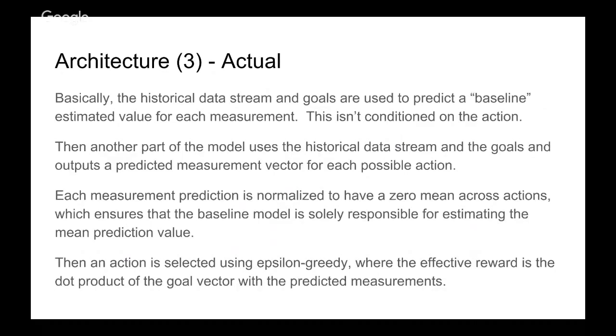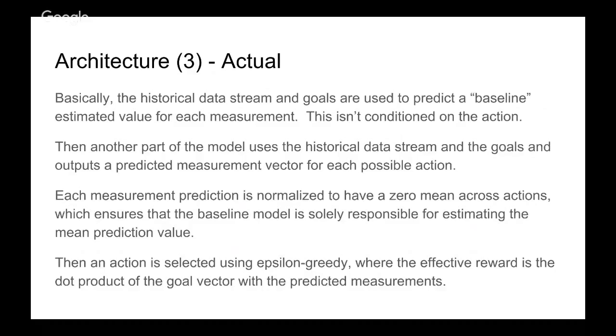Let's see. Yeah, so we talked about this a little bit, but each measurement prediction is normalized to have a zero mean across actions. That ensures that the baseline model, or what we call the expectation stream, is solely responsible for estimating the mean prediction value.